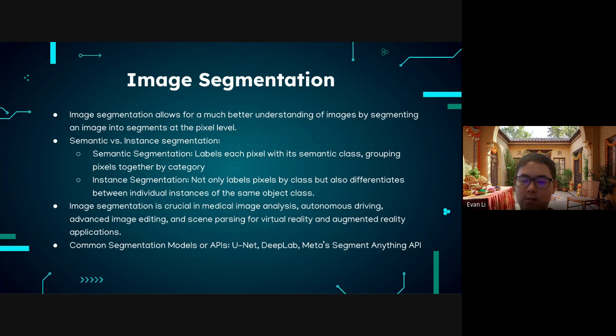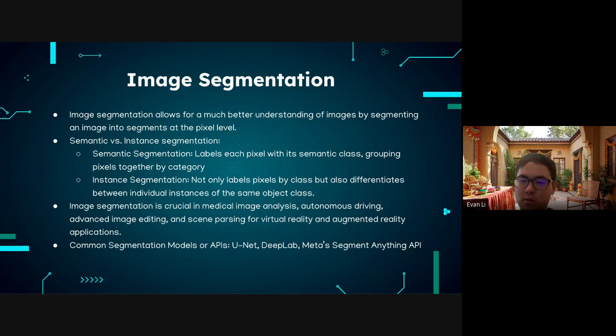Instead of just identifying objects with bounding boxes, image segmentation seeks to delineate the precise boundaries of objects and regions, assigning a category label to every single pixel in the image. There are two primary variations of image segmentation, each serving different purposes: semantic segmentation and instance segmentation.